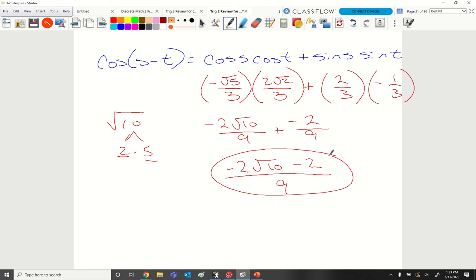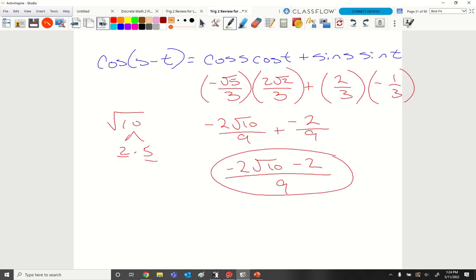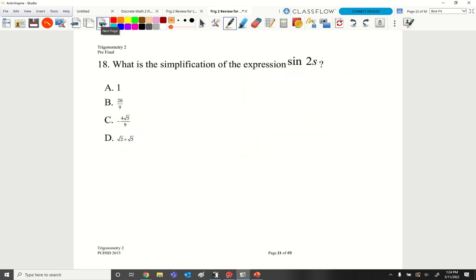Yes? No? Maybe? Okay. So what answer was that? Yep. B. Now, we have to use the same information for question 18. And it says sine 2s. Go find that on the reference sheet. Sine 2s, that means it's a double angle for which one? S. Right?